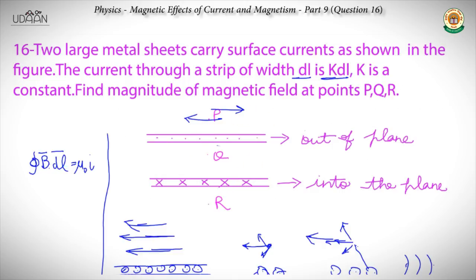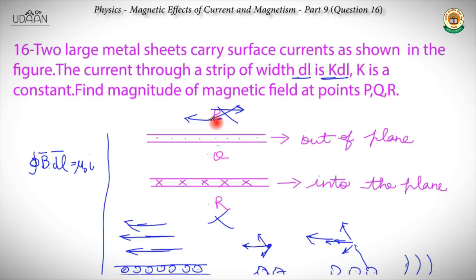Both mu naught K by 2, so they will cancel each other and come out to be 0. Same goes for R. On the outer regions of the sheet, beyond the boundaries of the large plane sheets, the magnitude of the magnetic fields are equal and opposite, and as a result of superposition, they cancel out and come out to be 0.